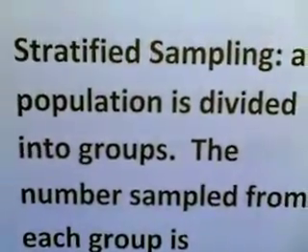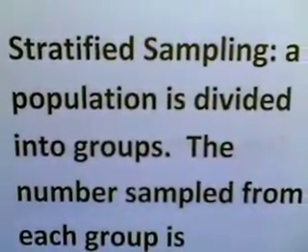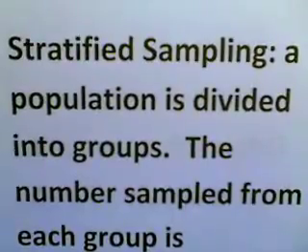Now, there are ways of sampling that you can choose from, and one way of sampling is called a stratified sample. This is where you take the population. Let's say the population is the Morgan County Elementary School. That is our population.